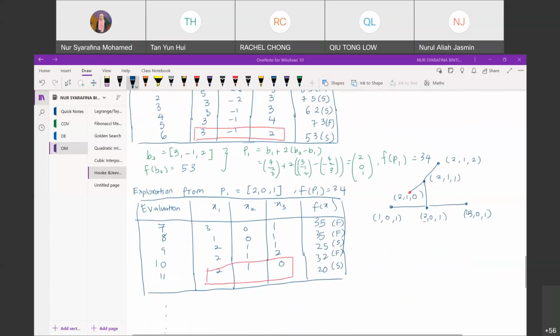Okay, so I have attached in the e-learning notes for steepest descent and also Newton's method.